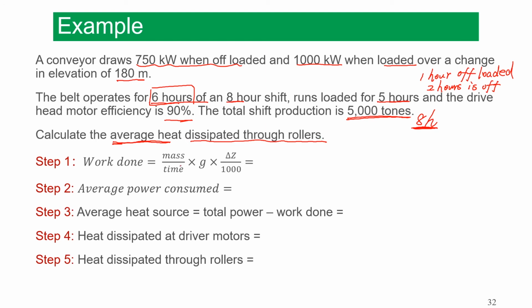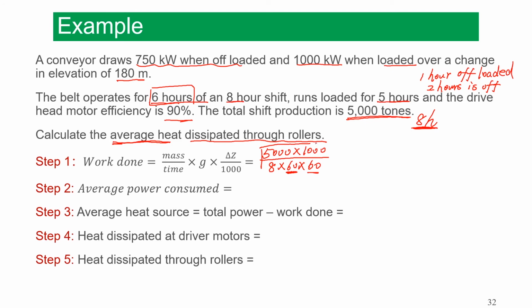That equals mass divided by time. That equals 5,000 tons converted to kilogram, divided by 8 hours by 60 by 60. So this is a minute, this is second.